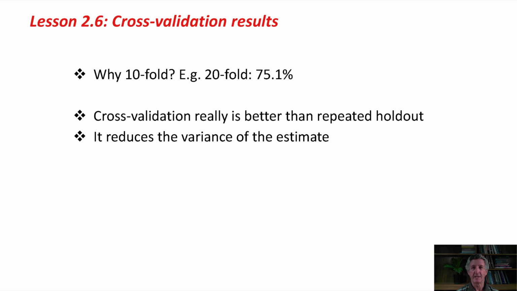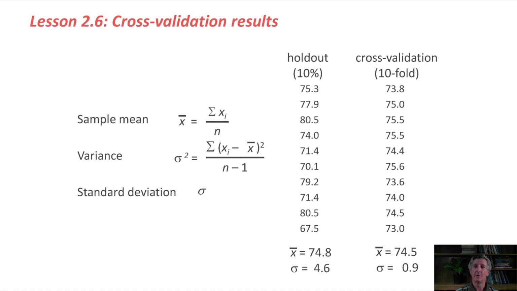So we've shown in this lesson that cross-validation really is better than repeated holdout. Remember, on the last slide we found that we got about the same mean for repeated holdout and cross-validation, but we got a much smaller variance for cross-validation.